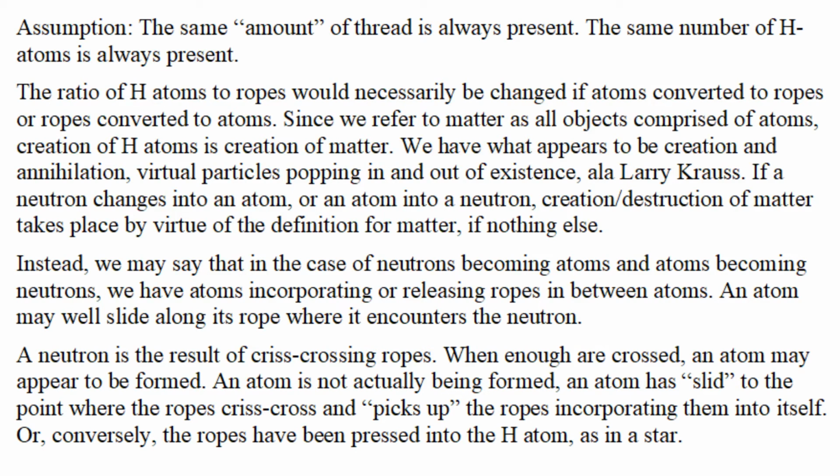You can have maybe more neutrons than atoms, or more atoms than neutrons if they're converting one into the other. And not everybody agrees with that, but I'm just proposing this. I'm saying that you can have, at any point in time, you may not be able to know, if you froze the universe, how many atoms are in the universe, because you can't freeze the universe. They're kind of converting one into the other in between.